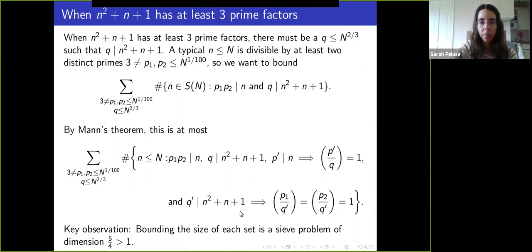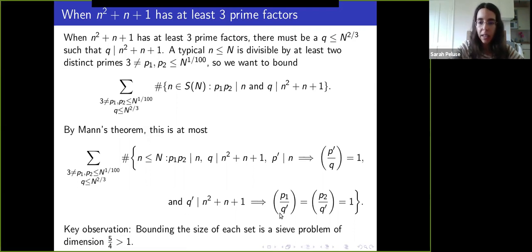And okay, it's slightly more complicated here because not every prime can divide n squared plus n plus 1. But as long as p1 and p2 are not 3, then this condition and the condition that the prime actually divides n squared plus n plus 1 are independent. And if a prime divides n squared plus n plus 1 and it's not 3, then n squared plus n plus 1 actually has 2 roots modulo that prime.